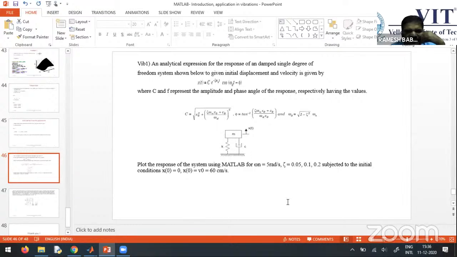So this is the problem, and I have given the values. The natural frequency omega_n is 5 radians per second, zeta is 0.05, 0.1, 0.2. It is subject to initial conditions x0 and v0, both equal to 60 centimeters. That means the initial displacement and initial velocity are 60 centimeters.